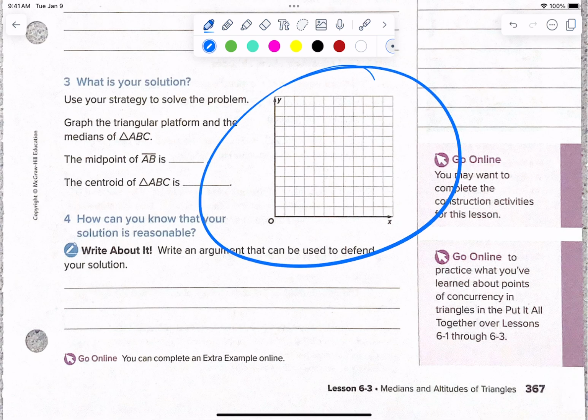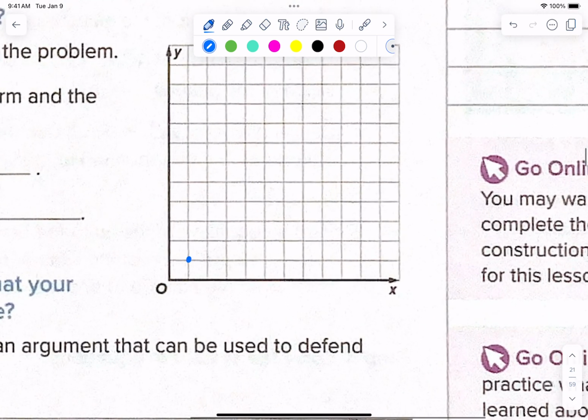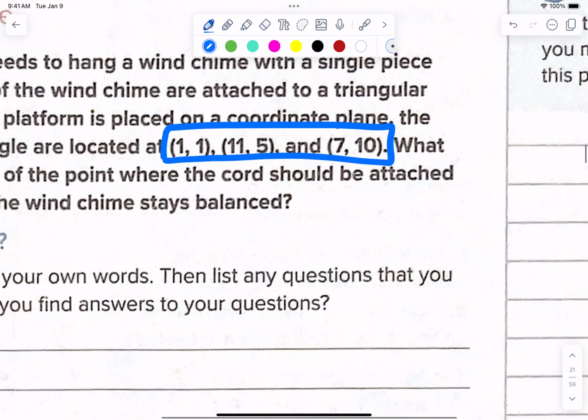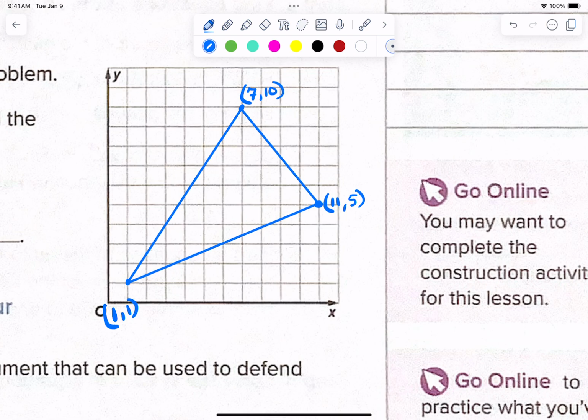So this little piece of graph paper, put those coordinates (1, 1), (11, 5), and (7, 10) on there. Go. Now connect the dots. There you go.